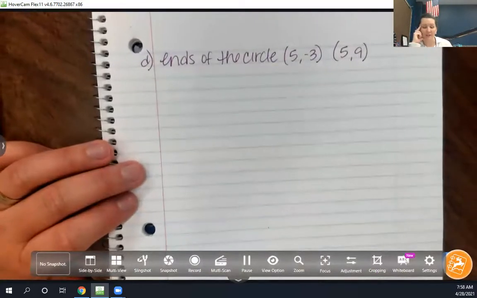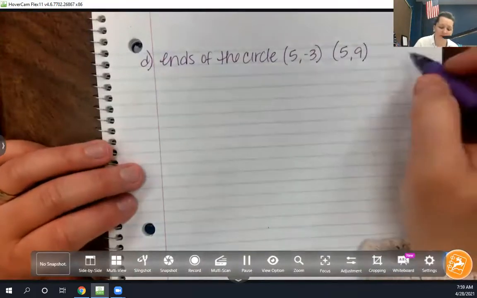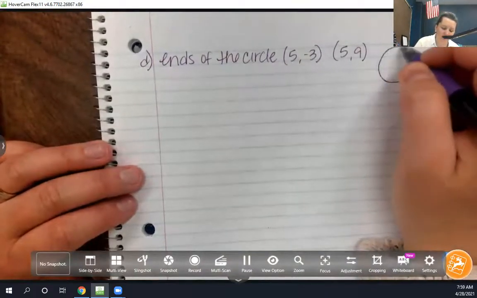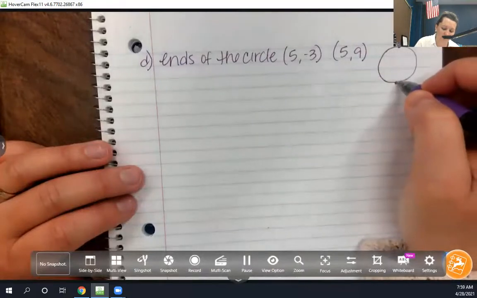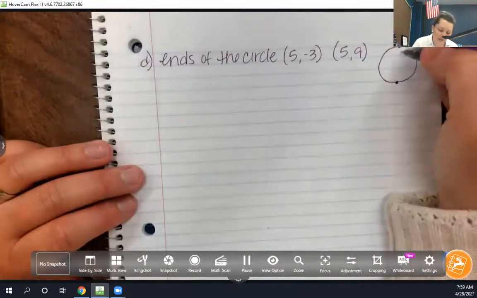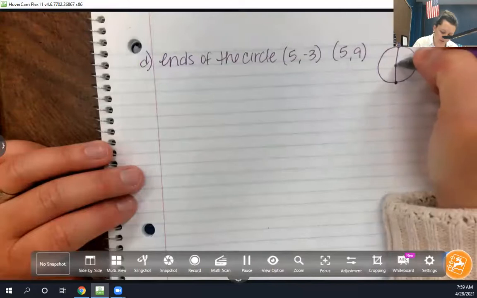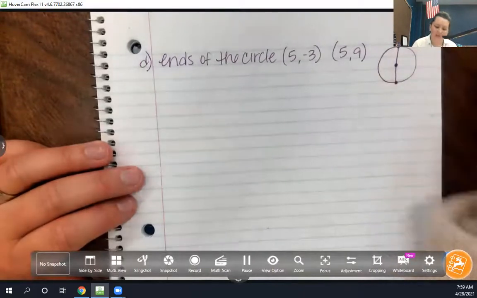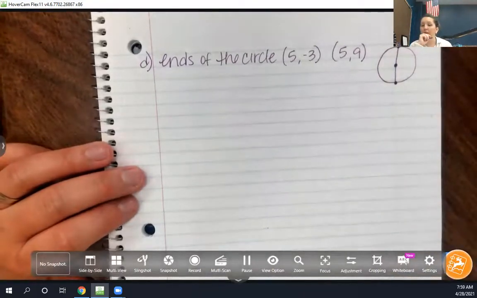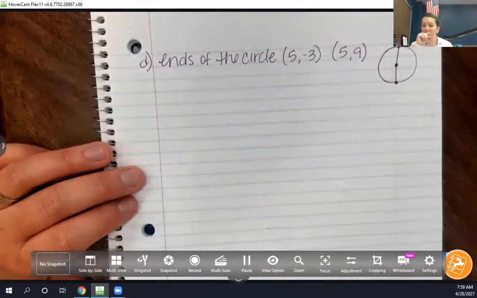So, if I have the ends of a circle of the diameter, let's think about what this would look like. That means that 1 point is here, and 1 point is here. And my center is right in the middle of that. It's the diameter, right?